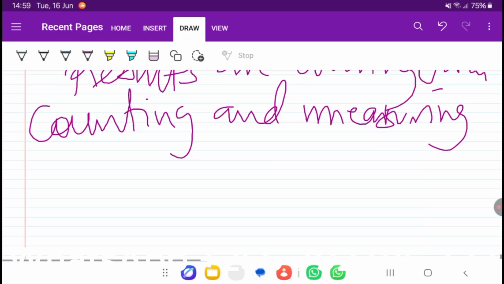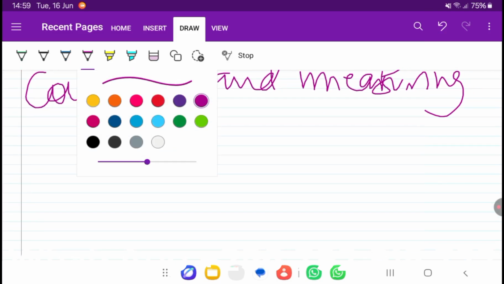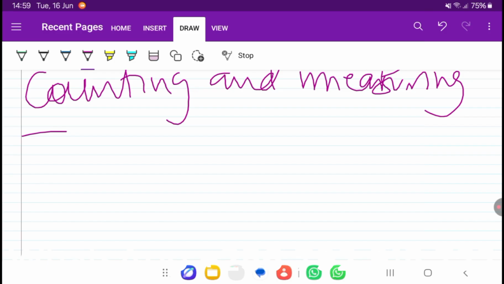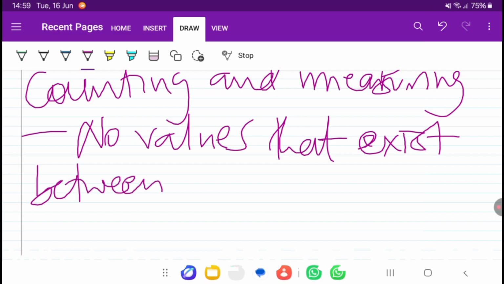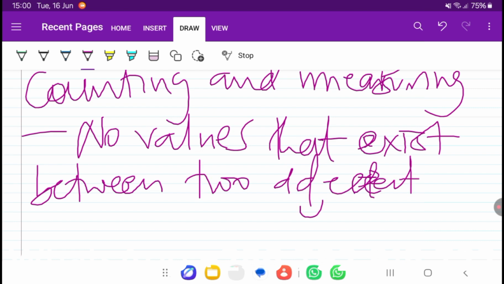So that's why we are saying these are special or specific values. They pick specific values. Then the other property is that no values exist between two adjacent values.